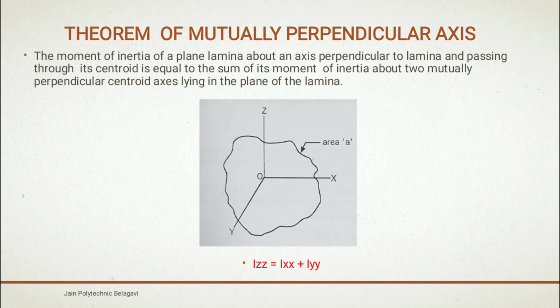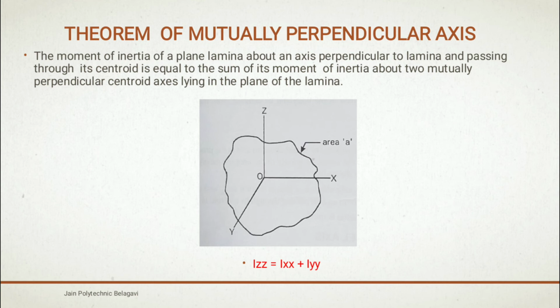It is the summation of the moments of inertia about the xx axis and yy axis that will give you the moment of inertia about the perpendicular axis, that is the zz axis. So this is how the theorem of mutually perpendicular axis is understood. The moment of inertia of a plane lamina about an axis perpendicular to the lamina and passing through its centroid is equal to the sum of its moments of inertia about two mutually perpendicular centroidal axes lying in the plane of the lamina.